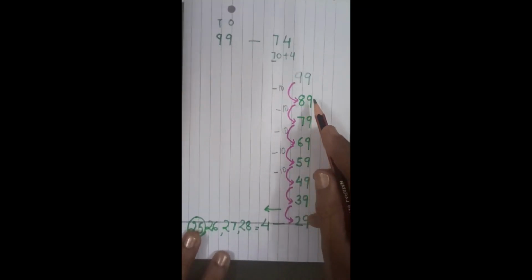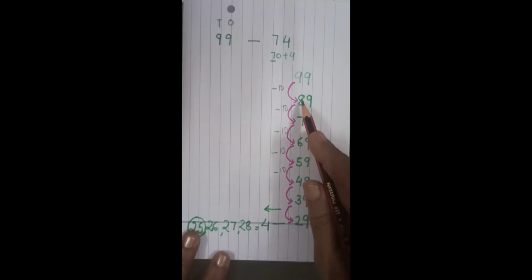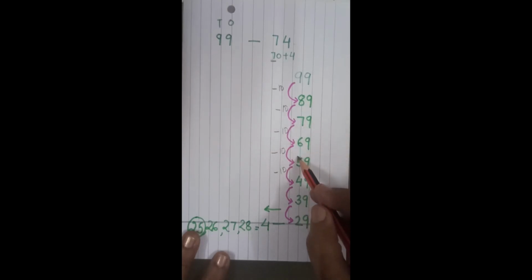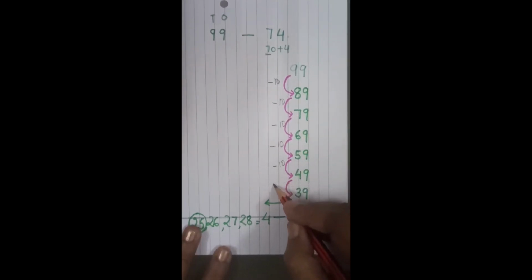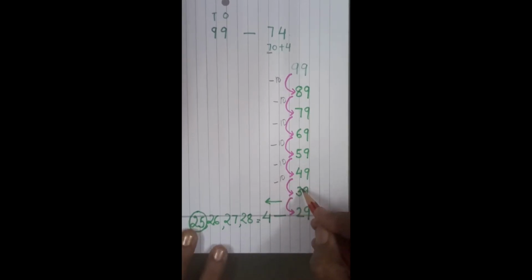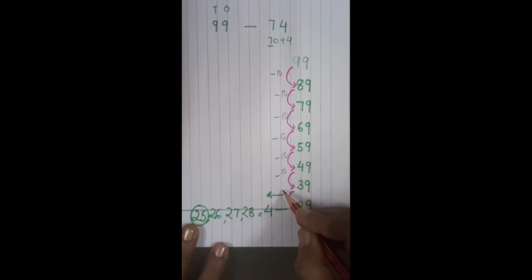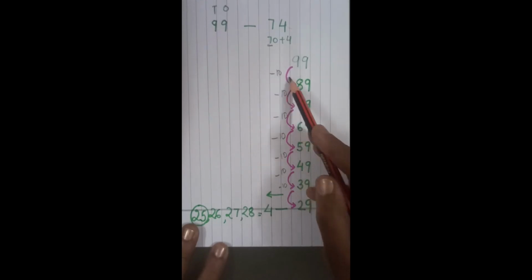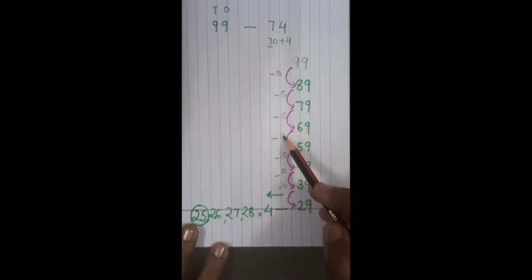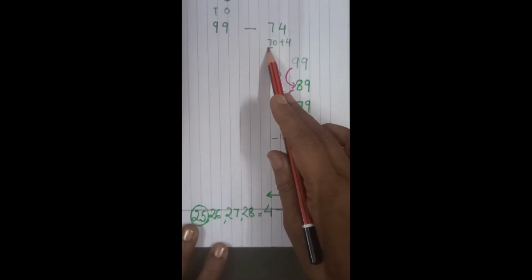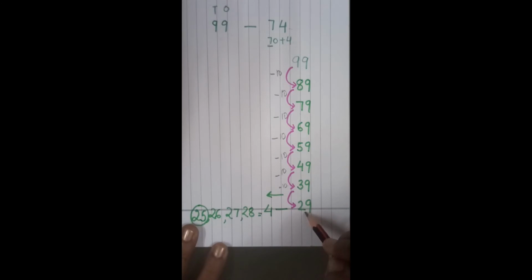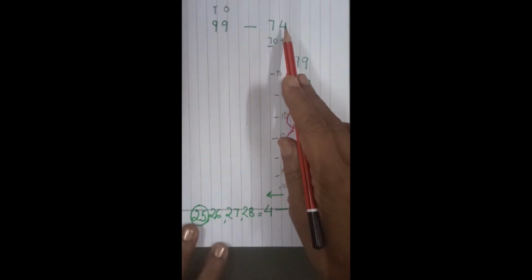See, every time what is happening, we are not changing the digit at the ones place, but the digit at the tens place is decreasing by 1. Okay, so again we have minus 10 and 49 will become 39. And one more time we decrease 39 minus 10 and that will become 29. So how many times have we subtracted? 7 times. 1 tens, 2 tens, 3 tens, 4 tens, 5 tens, 6 tens and 7 tens. So when I have subtracted 7 tens, I reach 29. I have to subtract 4 more.